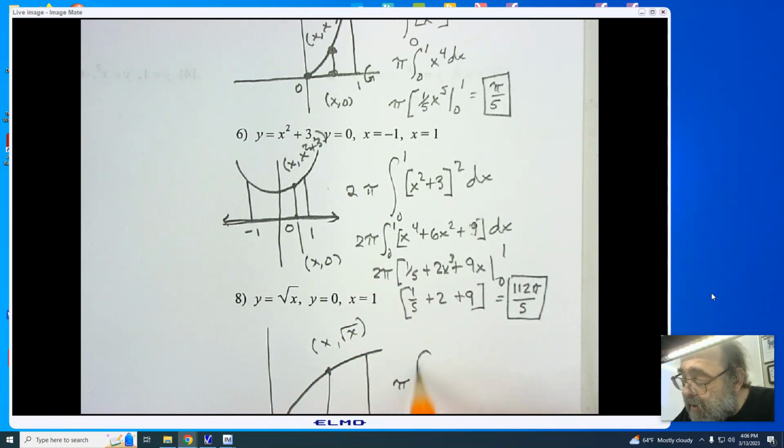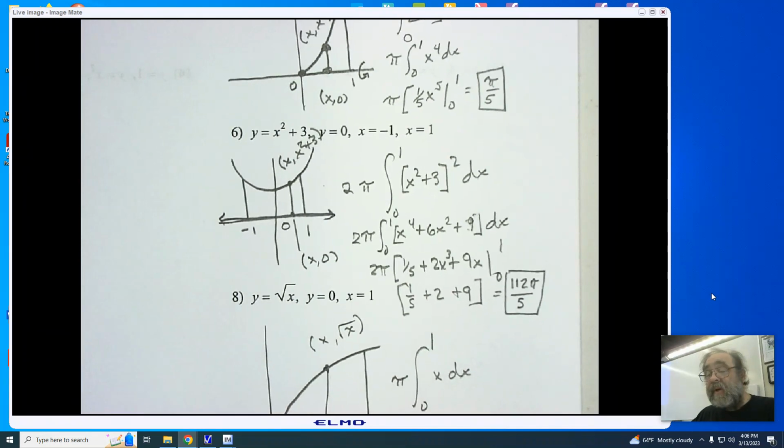We have pi integration 0 to 1. Because we end up squaring it, it's just x dx. Pi integration gives me 1/2 of x squared from 0 to 1. And I'm looking at pi over 2. So pi over 2 is my answer for number 8.